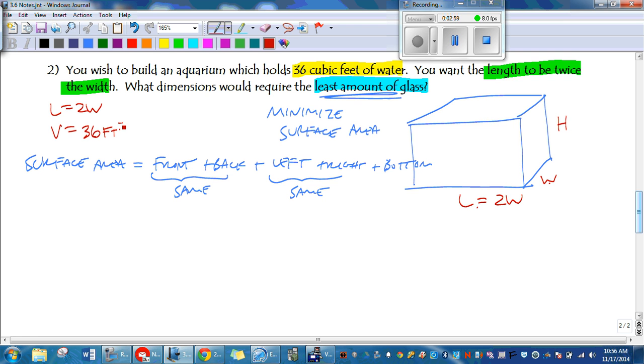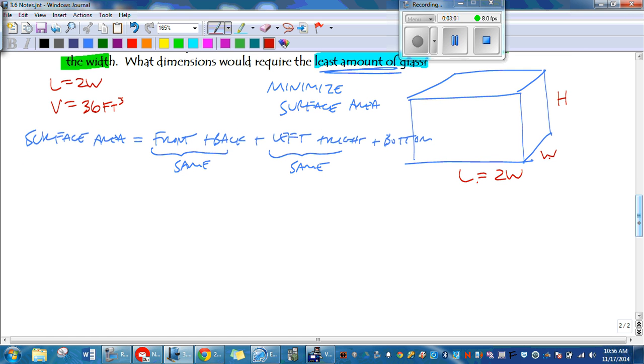All right, well, let's go ahead and take what we've got so far and put together this surface area equation. What's the area of the front going to be? 2W times H, right? Remember, the front and the back are the same, so I'm going to write this as 2 times 2W times H. That's going to take area of both of those into account.